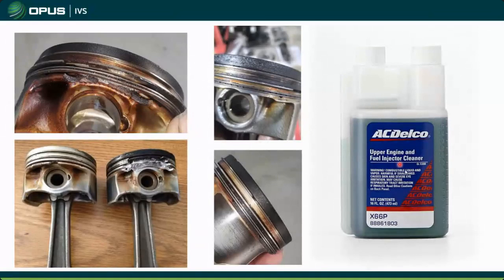And this stuff will hopefully, maybe, break up some of that carbon and give you back some of that compression. I mean, there's no guarantees, but honestly, at that point, you're looking at pistons or a motor anyway. So, if it works, you're a rock star, and if it doesn't, you're not really any worse off. So just something to keep in mind.